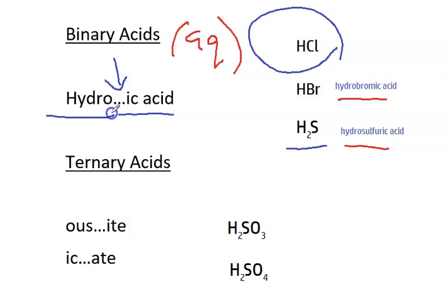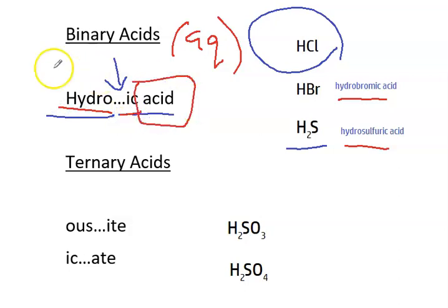Hydrogen chloride, hydrogen bromide, and hydrogen sulfide, those are gases. But when you put them in water, you get hydrochloric acid, hydrobromic acid, and hydrosulfuric acid. Anytime from now on, when you see a binary acid, hydro goes in front, you put ic at the end, and then, of course, the word acid.